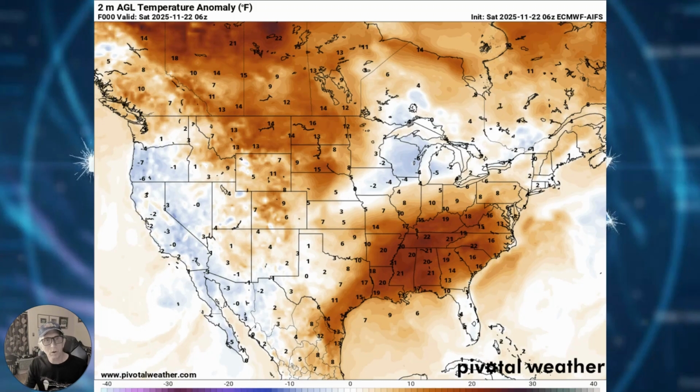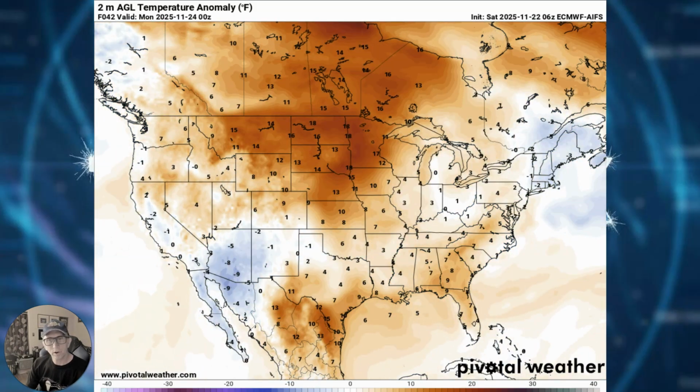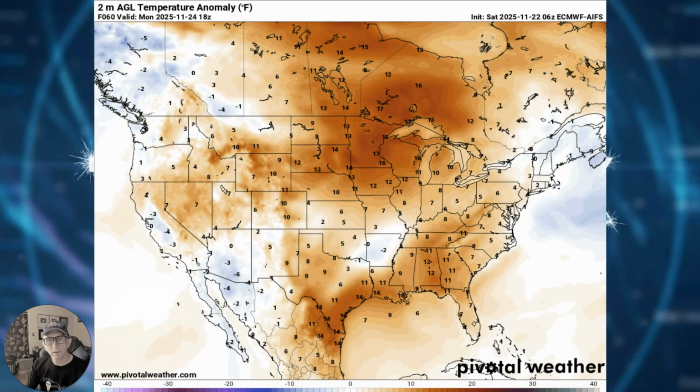So this is the Euro AI model showing temperature anomalies for the continental U.S. And you can see right now how things are almost all above normal for most of the country, and especially up into Canada. All right, we go through time here. That warmer air hangs on.